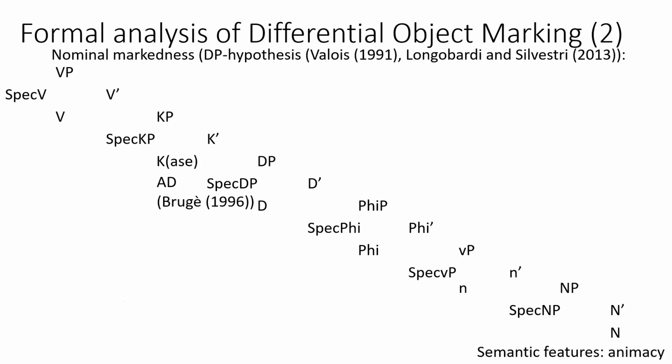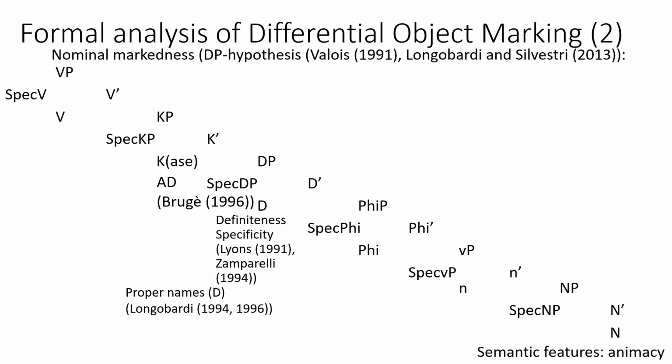For example, in the nominal root, the semantic feature of animacy can trigger the use of a. Referentiality, so in the D projection, definiteness and specificity can also trigger the marking. Proper names, which are D elements, as argued famously by Longobardi, can also trigger the use of a. And also personal pronouns, which have been analyzed as bare phi elements or bare D elements. These phi features, such as person and number, can also trigger the use of a.